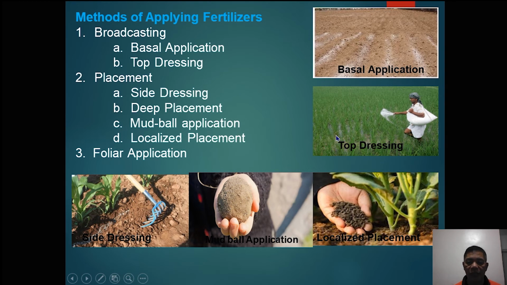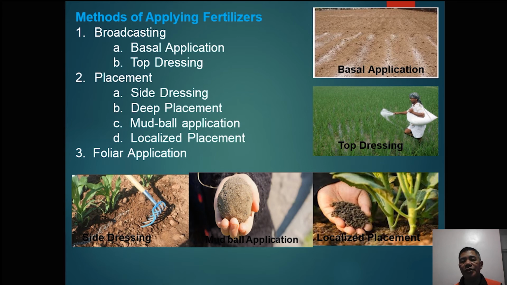So for instance, here you place the ball of mud in this portion. These are placed in different parts of the field. Very common in rice production.